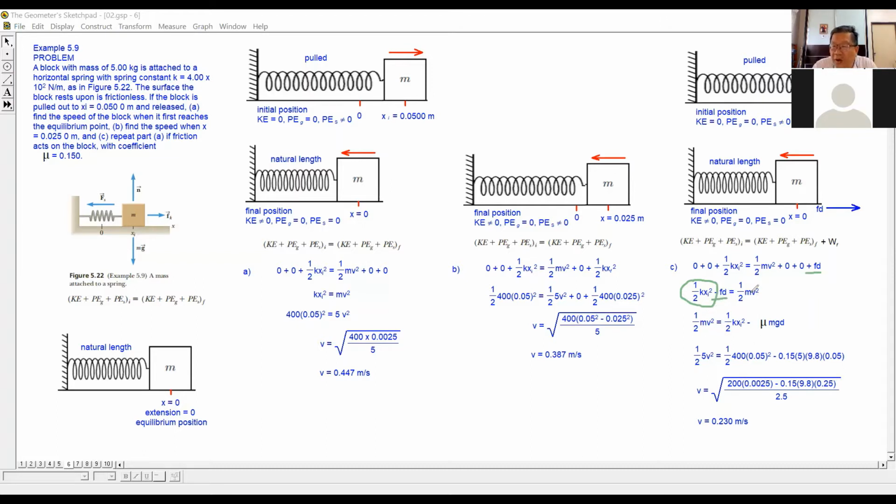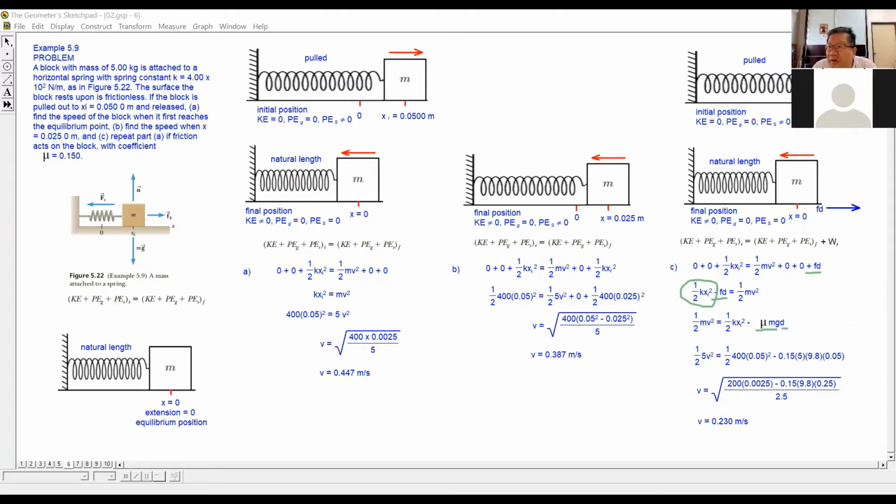I copy this equation again at the bottom. But this time the FD, the kinetic friction, is mu n. Mu is the coefficient of friction, n is the normal reaction, mg. D is the distance traveled.